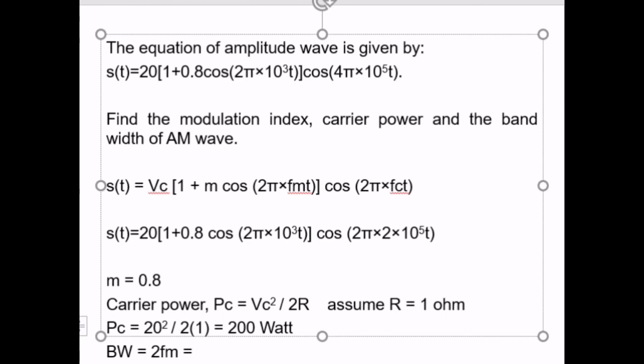So from here, 2 times, so where is fm? So you just compare this general equation to the equation given. So fm is here.